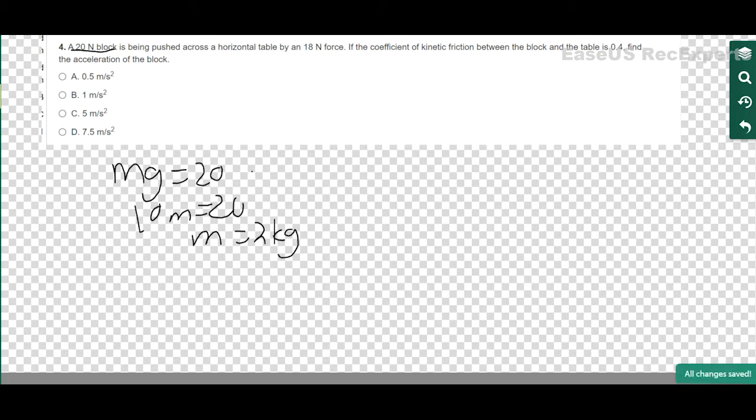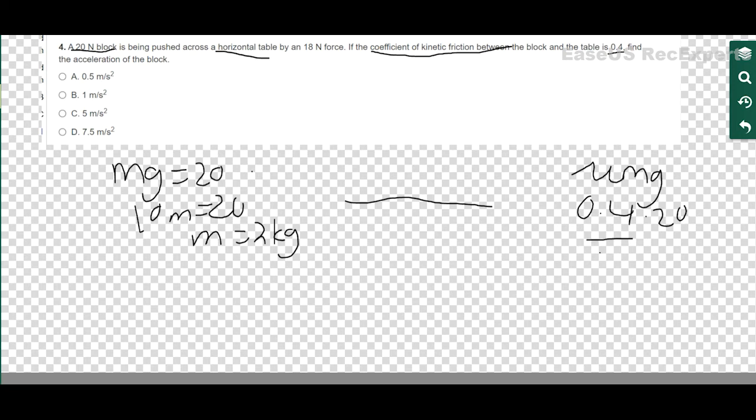Because this is a horizontal table, we don't need to worry about cosine or those trigonometric functions. We have a coefficient of kinetic friction equal to 0.4. So the force of kinetic friction is mu times mg. We know mg is 20, so 0.4 times 20 is equal to 8 newtons.